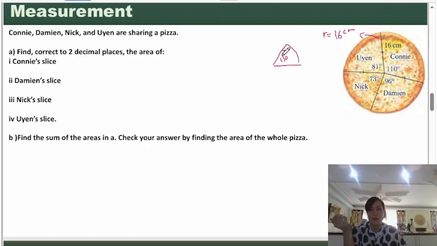degrees. To find the area of any arc, I have a formula that says the area of an arc equals theta, the angle theta over 360, the arc of a whole circle, times pi times r squared.